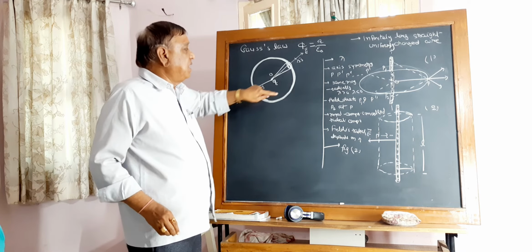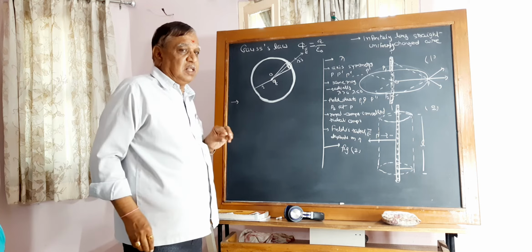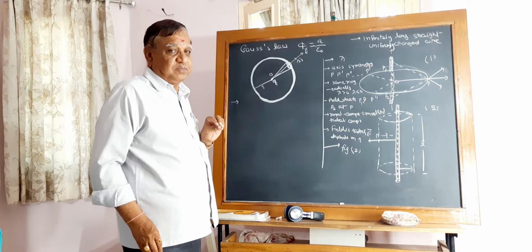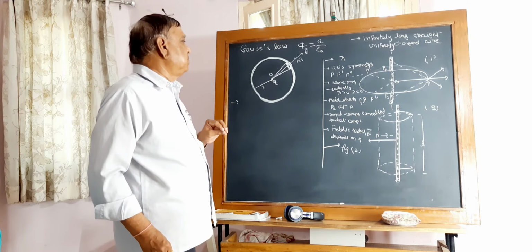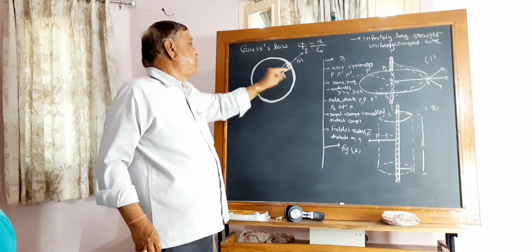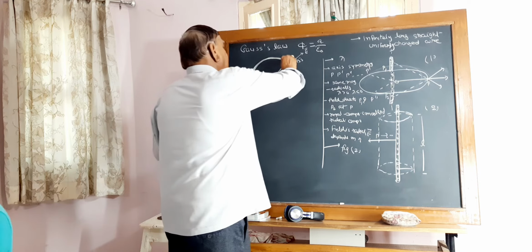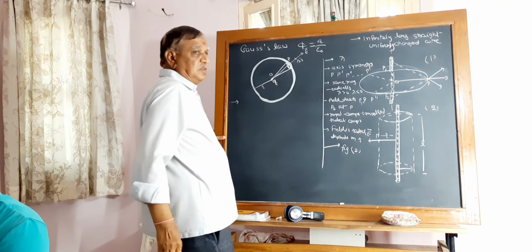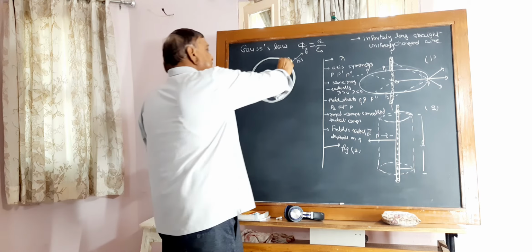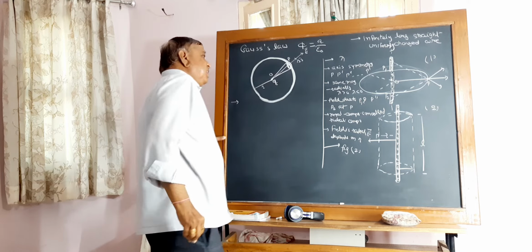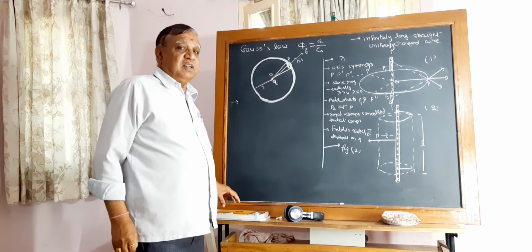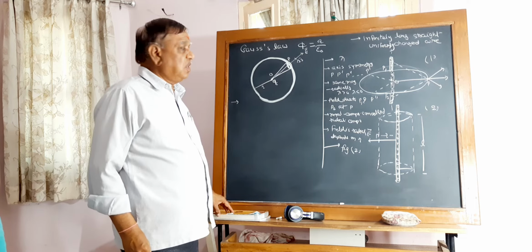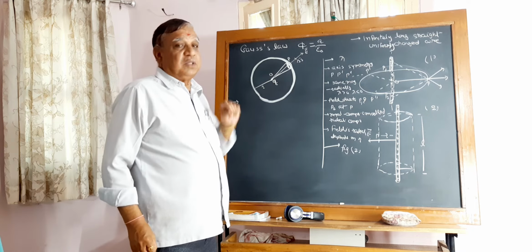Again divide the spherical surface into so many small elements. Out of them, one is shown in the figure as delta S at any point, suppose P. Then delta S is the surface element. Then vector delta S can be represented normal to the surface.